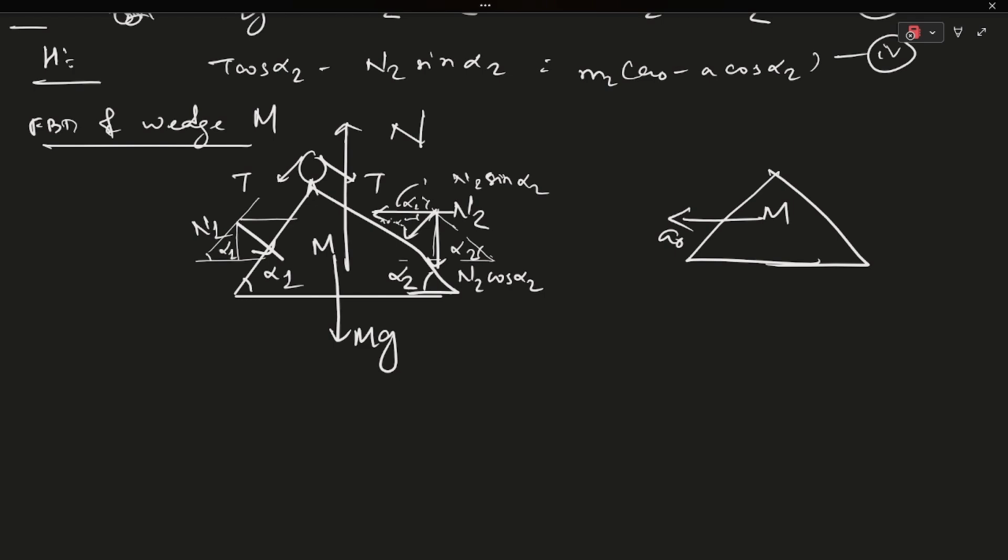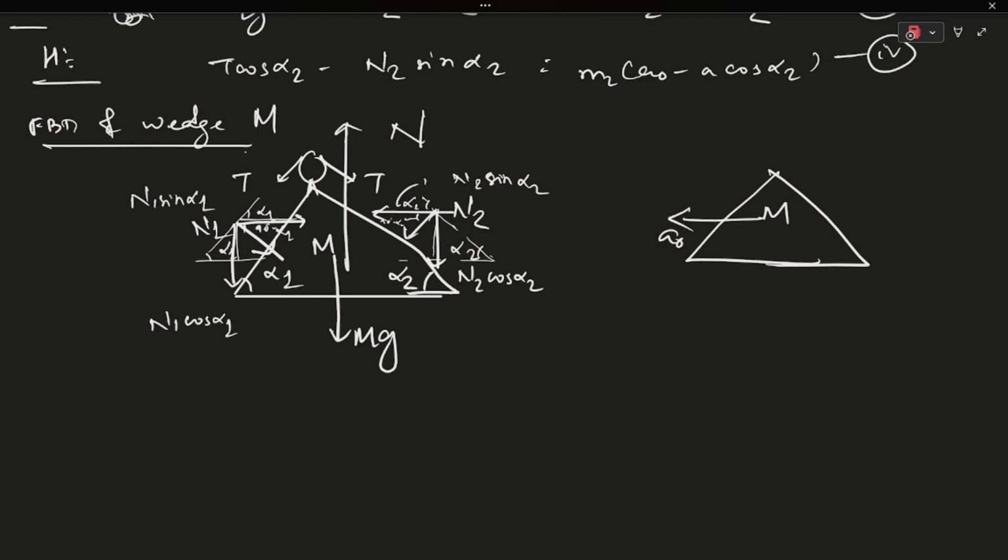This angle is alpha 1. This will be alpha 1. This is 90 degrees minus alpha 1. So N1 has horizontal component N1 sin alpha 1, vertical component N1 cos alpha 1.